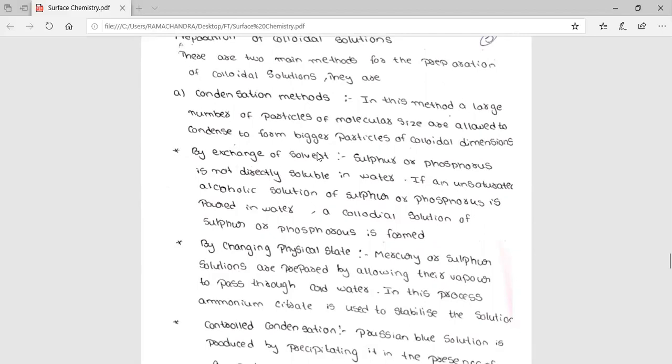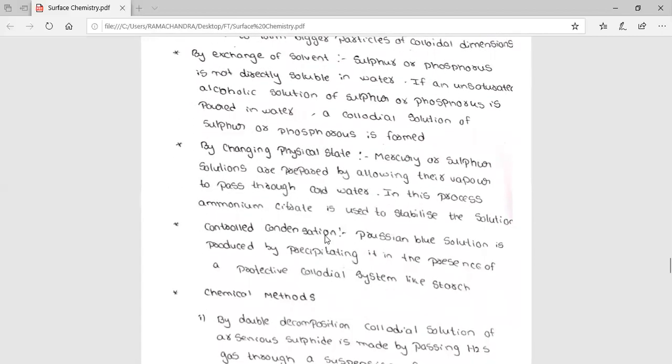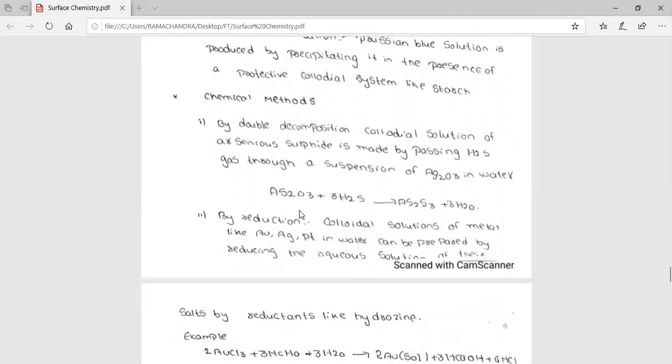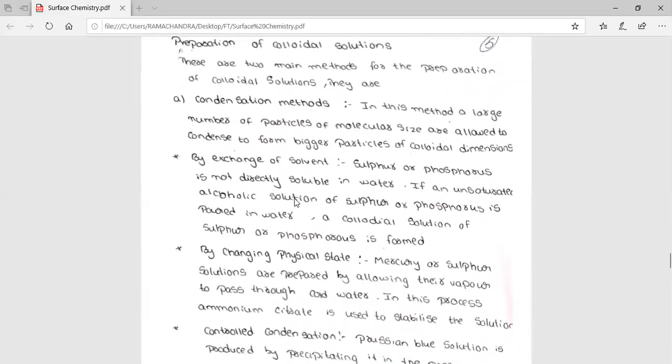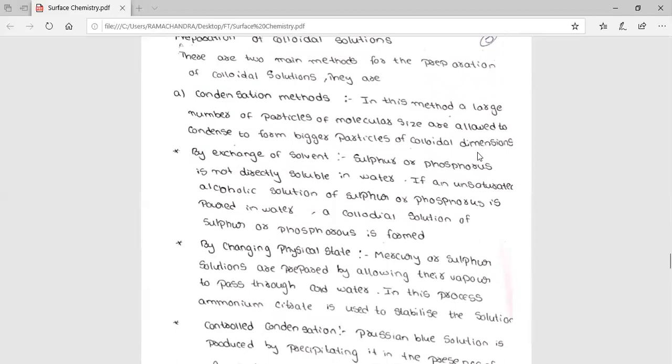In this method, we take some small steps for the formation of bigger particles of colloidal dimensions. What are they? By changing the solvent, by changing the physical state, by controlled condensation, and by some chemical methods, we form bigger particles of colloidal dimensions. Let's see here, sulfur or phosphorus is not directly soluble in water.